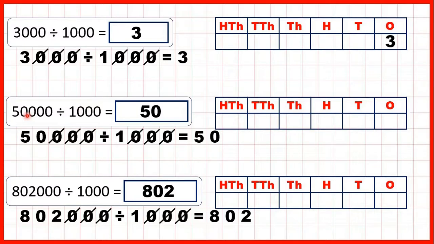For this question, we started with 50,000, and because we were dividing by 1,000, we can move the digits 3 squares to the right, and that gives us our answer of 50, because 3 of our end zeros can disappear off the place value chart, or because we can cancel 3 of our end zeros. For this question, we started with 802,000, so if we move the digits 3 squares to the right, we've divided by 1,000 to get our answer 802.